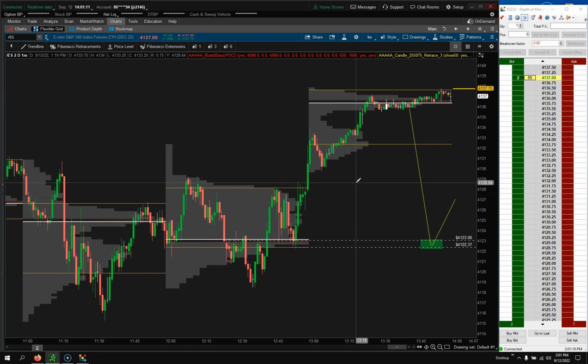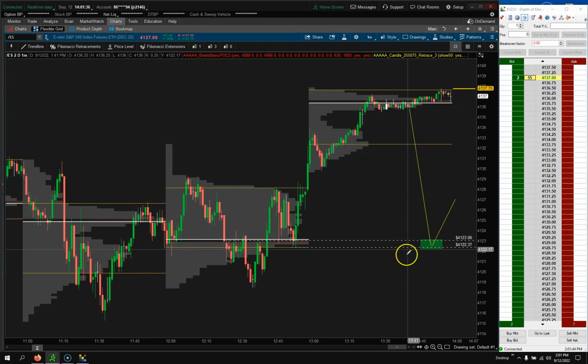I hope I didn't make it too confusing, but this is where you pick your level. You go, I love my level, and let me see if it works. I'm gonna risk $100 to make $100, but the odds are in my favor because the charts are telling me exactly where we should bounce. The right shoulder of the inverse head and shoulders.